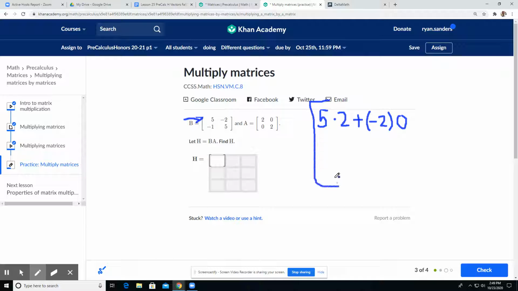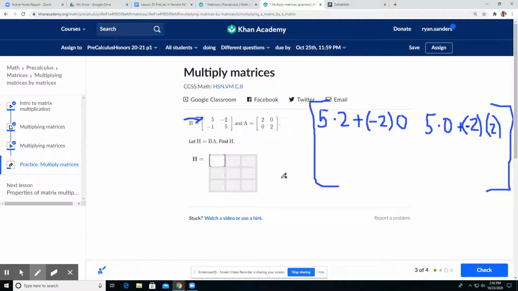That's going to be our row 1, column 1 entry. Okay. So then I go ahead and I do the row and column. Row of the first times column of the second. So row of the first is a 5 times the 0 is where it links, times 0 plus the row times the second, negative 2 times 2.